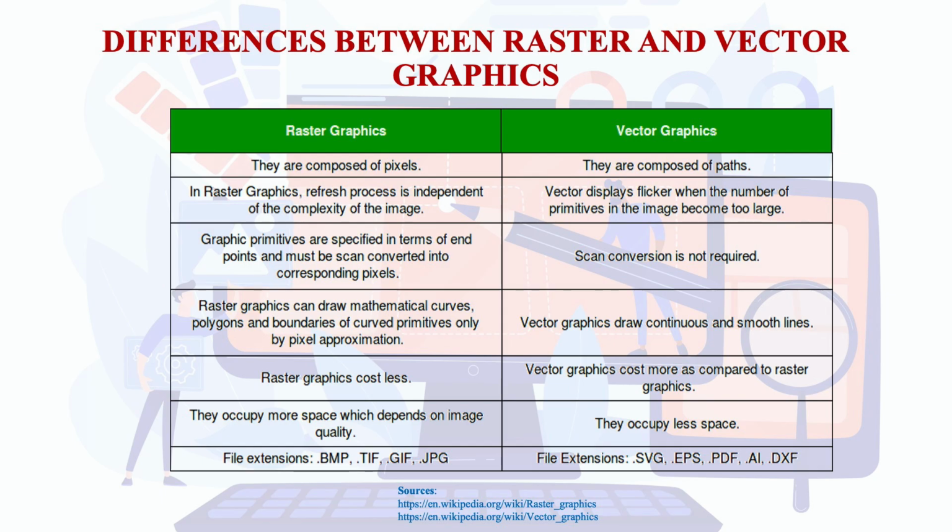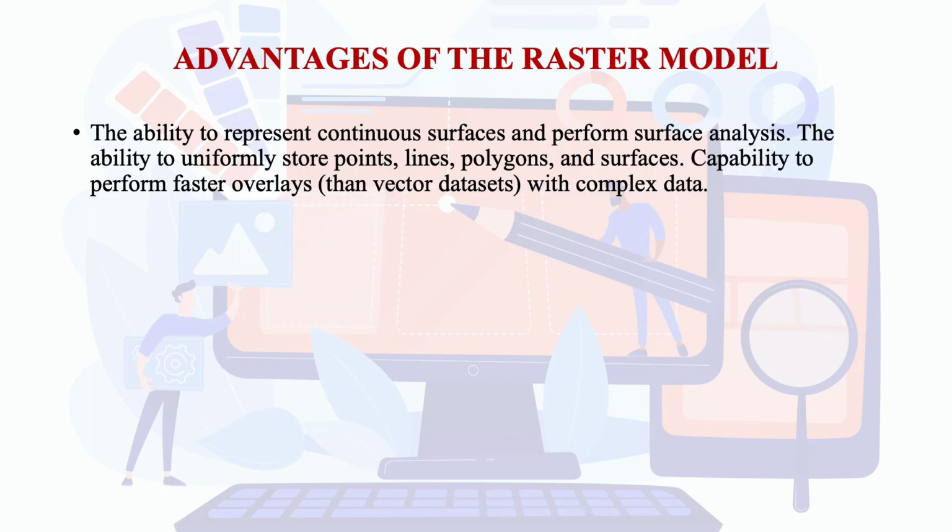If you think about file size, raster graphics occupy more space, which depends on the image quality, whereas vector graphics occupy less space. The advantages of the raster model are the ability to represent continuous surfaces and perform surface analysis, the ability to uniformly store points, lines, polygons and surfaces, and the capacity to perform faster overlays than vector datasets with complex data.